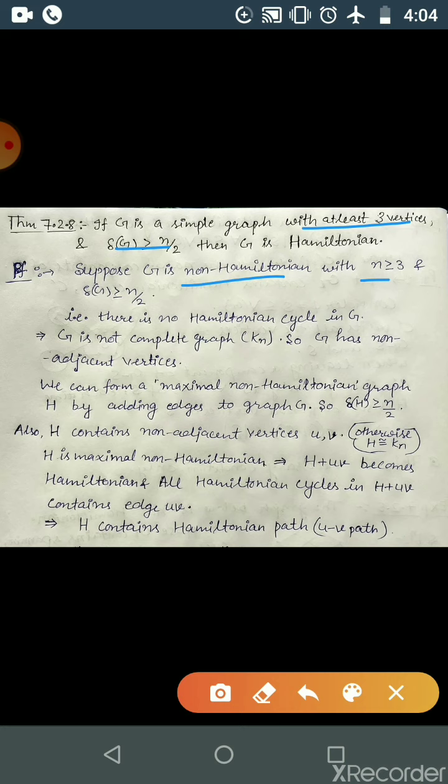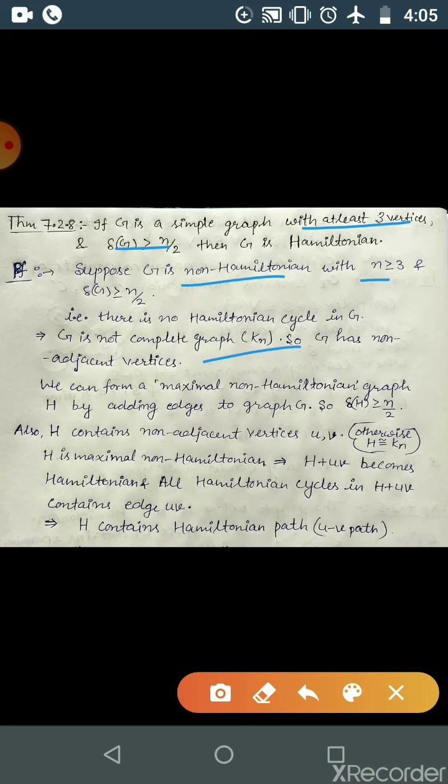So here we can consider this G by adding some more edges, such that it remains a non-Hamiltonian graph.